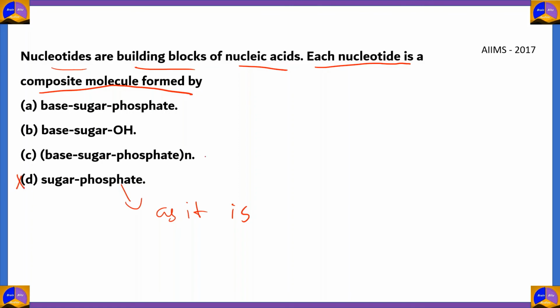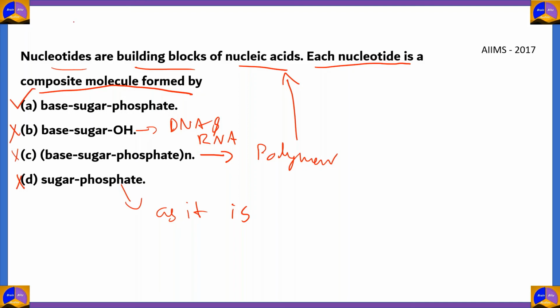Option C, base sugar phosphate raised to N. This is a polymer, and the polymer in question would be nucleic acids. We are asked to find out the composite molecule of a nucleotide. So therefore, option C is incorrect. Option B, base sugar OH. This type of compound does not exist in DNA and RNA, the nucleic acids. Therefore, the right answer is option A, base sugar phosphate.